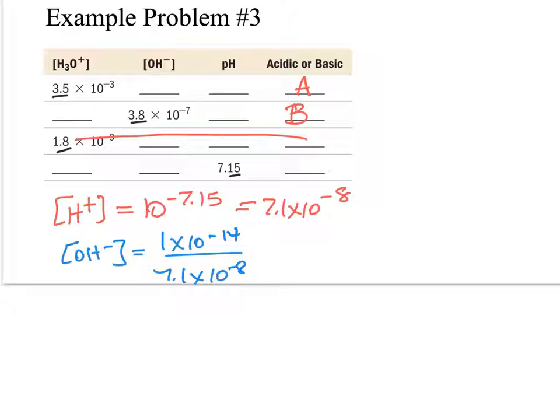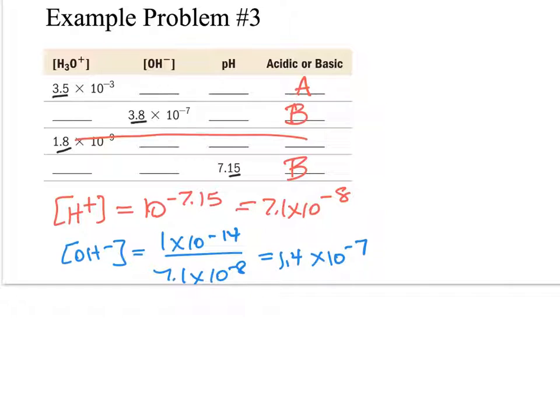Let me retry that. I'm getting 1.4 times 10 to the negative 7th. And I already know that this is slightly basic because the pH is greater than 7.